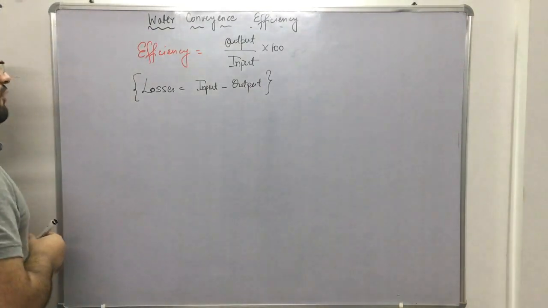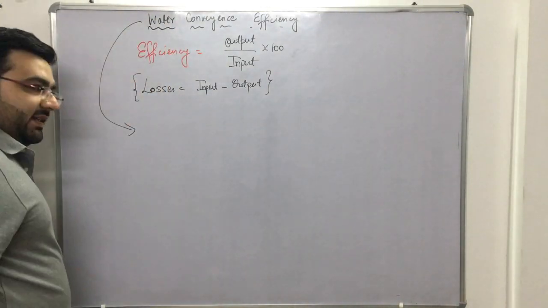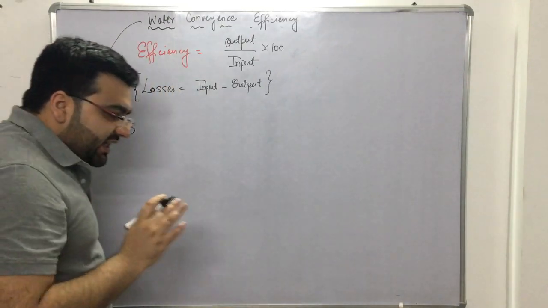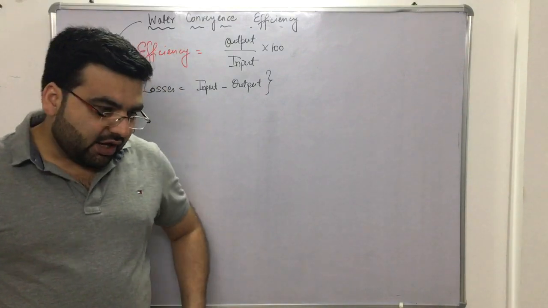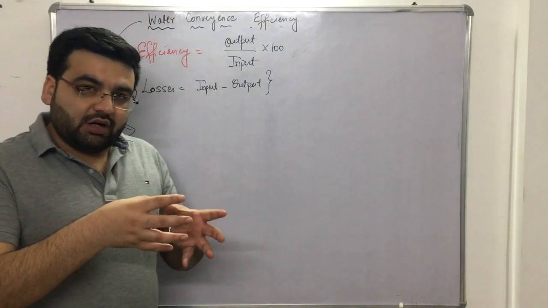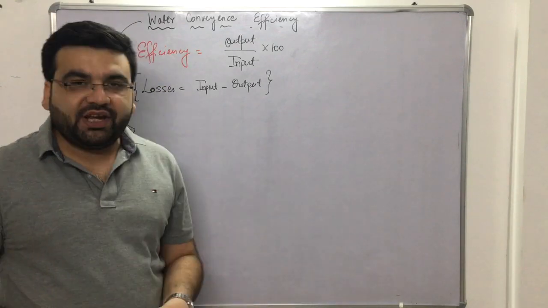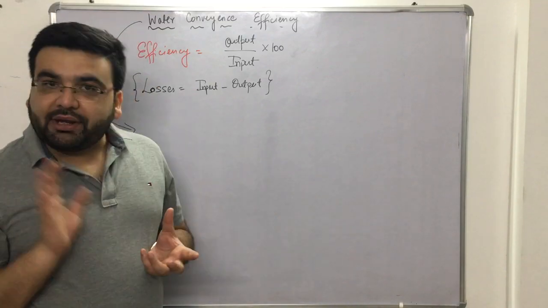Okay, so first of all, let's come to the water conveyance efficiency. Let me give an example. Let us say you have a canal, or a river, and you have diverted a canal or diverted a river for a particular field, and some volume of water is coming from the canal or river. Clear?